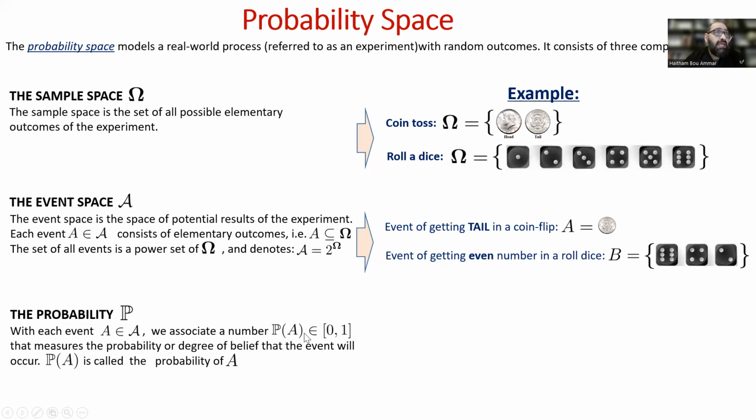And this P of A is measuring the probability or the degree of belief that the event will occur. We call P of A the probability of that event A.